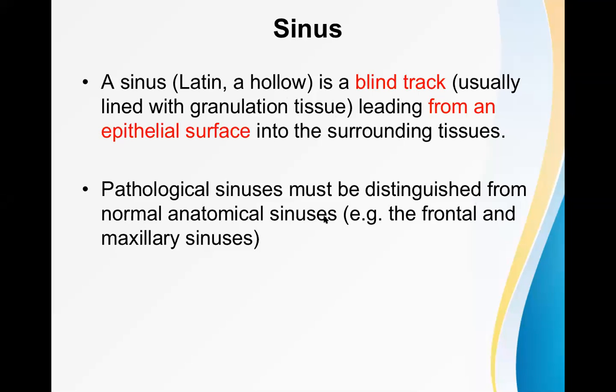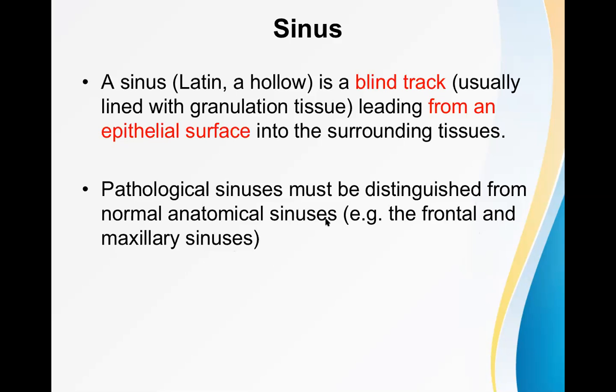Pathological sinuses must be distinguished from the normal anatomical sinuses, and you have probably studied this, or at least heard the name: paranasal sinuses, and there are four: frontal sinus, maxillary sinus, ethmoid sinus, and sphenoid sinus. These are the normal anatomical sinuses in our body.